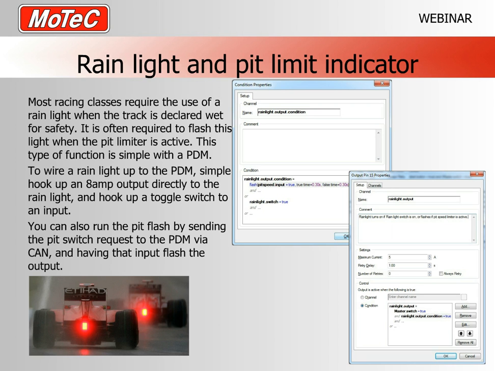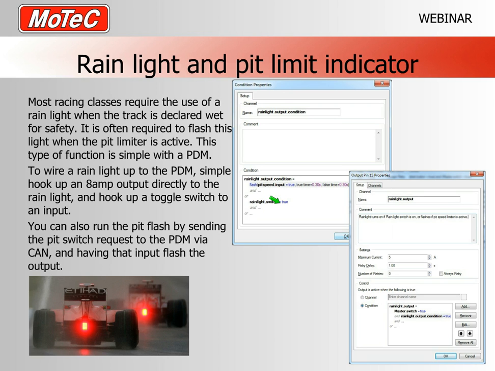So in our two diagrams on the right, we have two small screen grabs, and they are a little bit difficult to read, unfortunately. But one of them, the first one, the properties condition, which I'll just highlight, this one here, is the rain light output condition. Down here we have a logic statement which will flash that light and also activate it when the rain light switch message is true, as you can see down there.